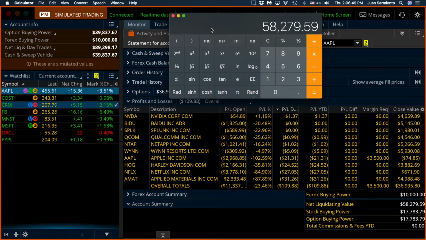Okay, so let's calculate $89,298.17. We subtract what we just entered in memory, so subtract memory recall, and that gives me 31,000. 31,000 is what we have done so far this year.